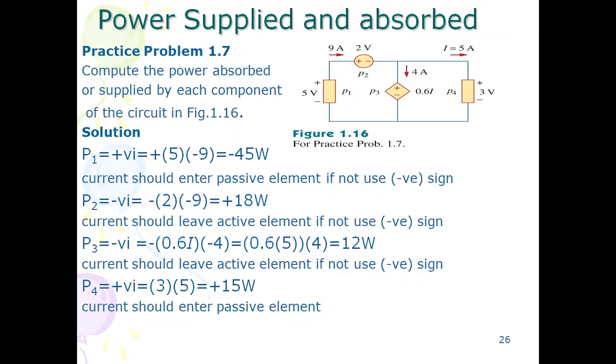Now we substitute the value of I, which is given as 5 ampere. Now the answer is 12 watt. Now come toward P4. Here in P4, current is entering the positive terminal, and it is absorbing power as it is a passive element, so P4 is equal to plus V into I, 3 into 5 is equal to 15 watts.